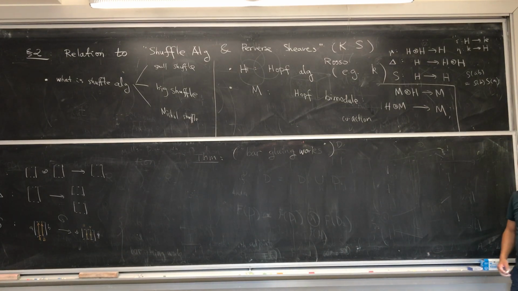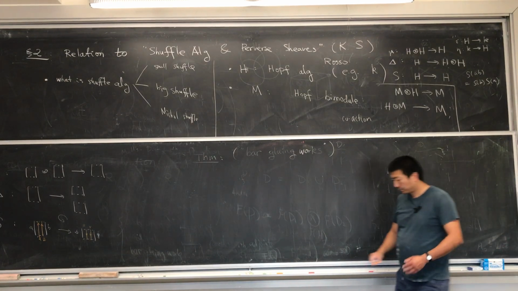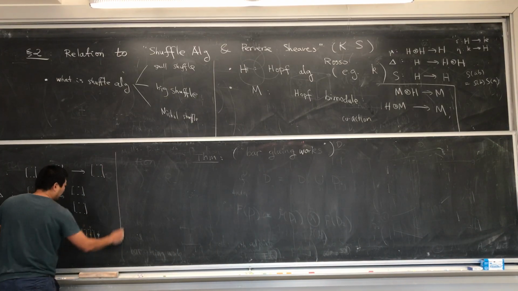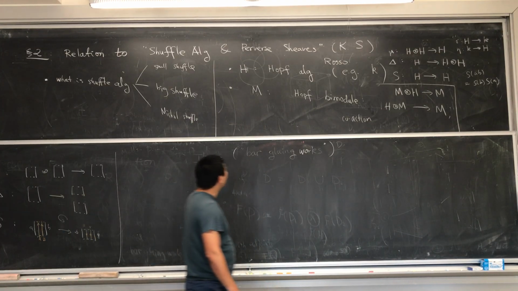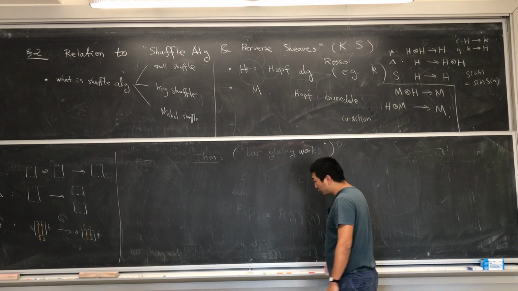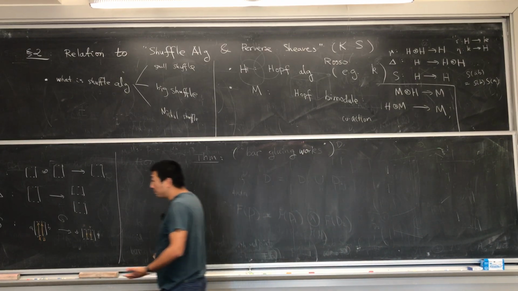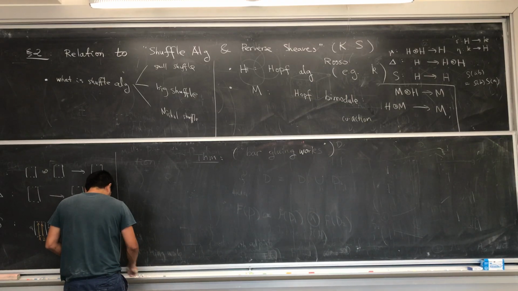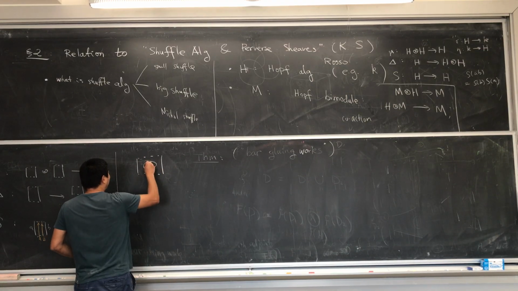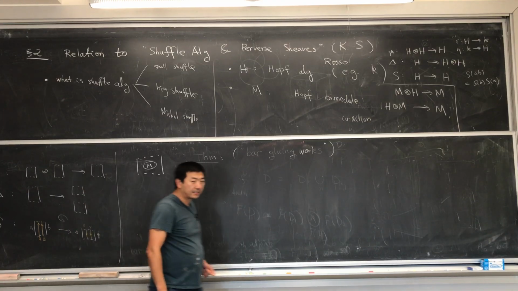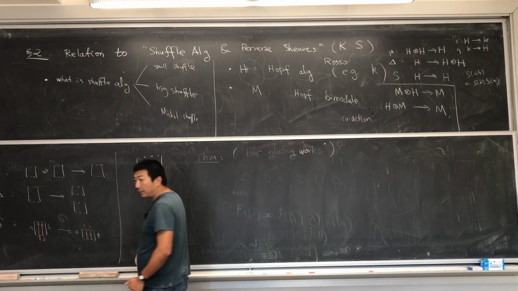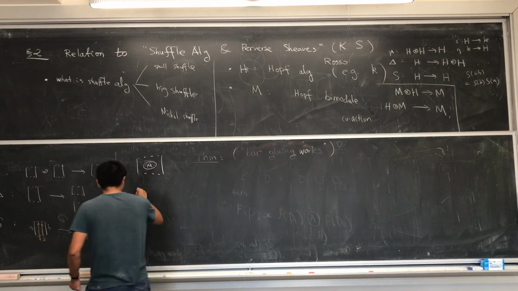A times B becomes B times A. Okay, so that is a Hopf algebra and a Hopf bimodule. The way you want to think about them is this, with two stops and with some defect, whatever that means.